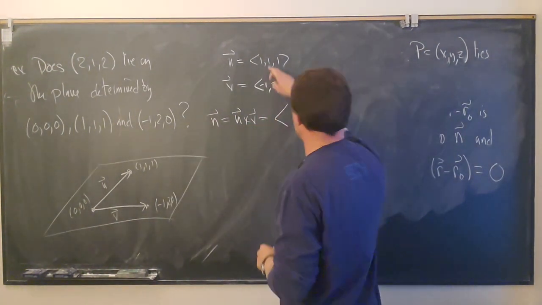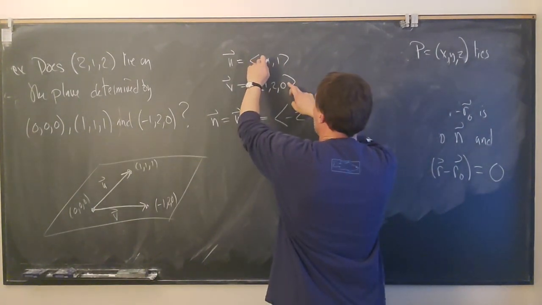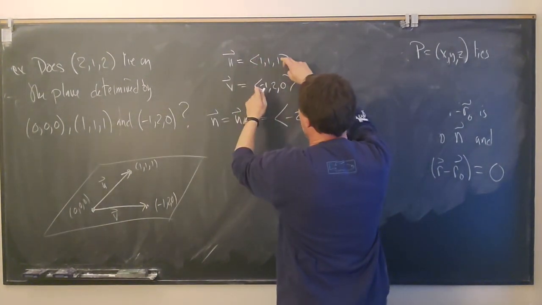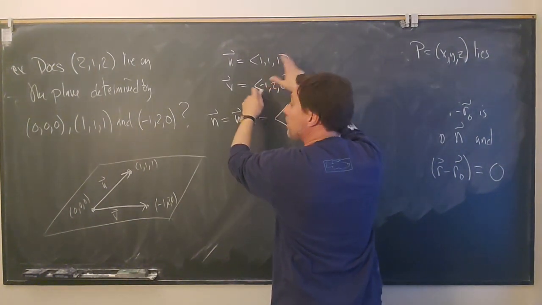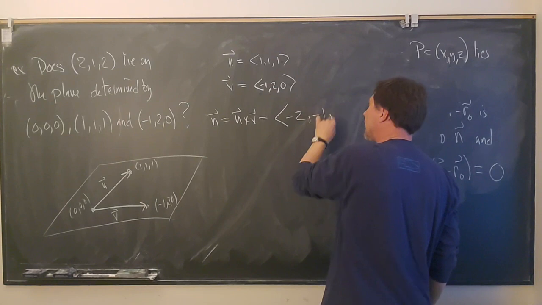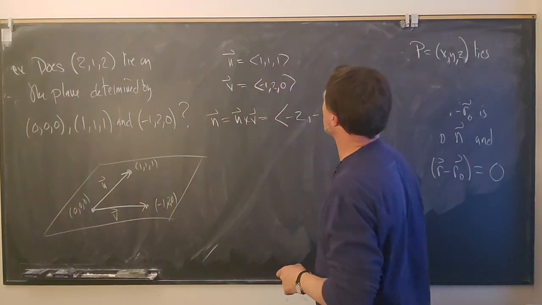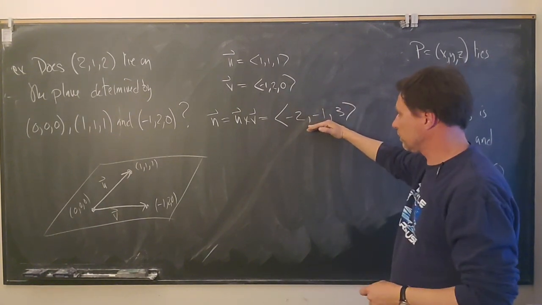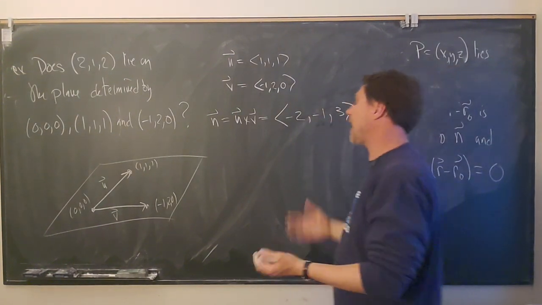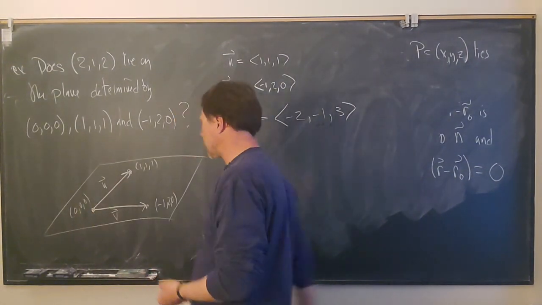That's going to be, let's see, negative 2; then 0 minus negative 1 gives me plus 1, but because it's the middle coordinate, negate it; and then the last one is going to be 2 plus 1, so that'll be a 3. So here's our normal vector. Now I can choose any one of these 3 points and write down the equation of the plane. I might as well choose that one right there. It makes life the easiest.